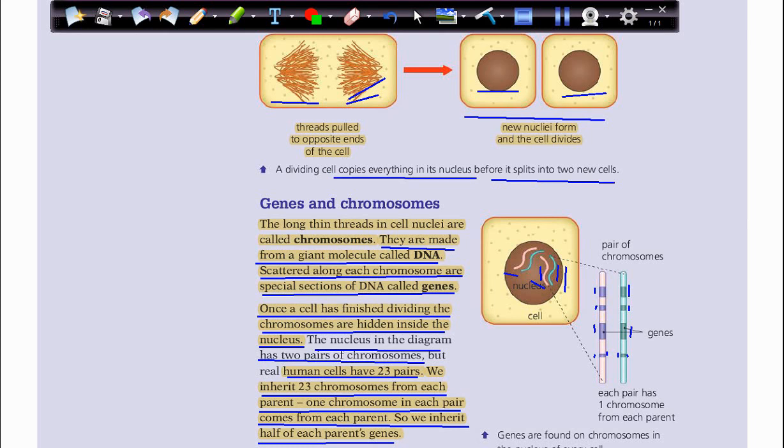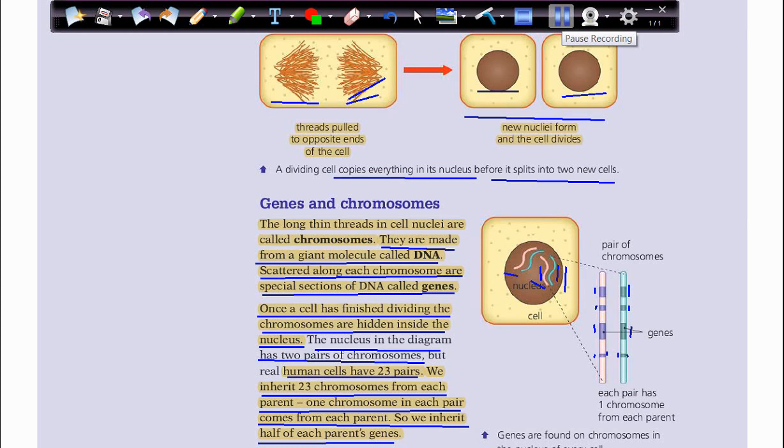But the egg cell and sperm cell have one set of genes. That's why when they combine together, they will form 23 pairs of genes, which is a new combination of genes.